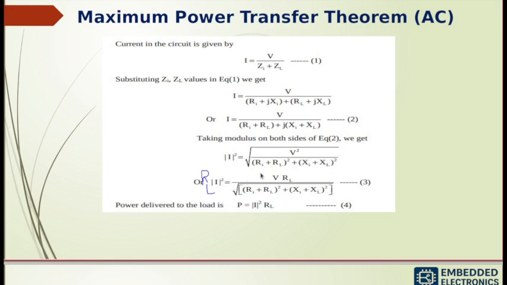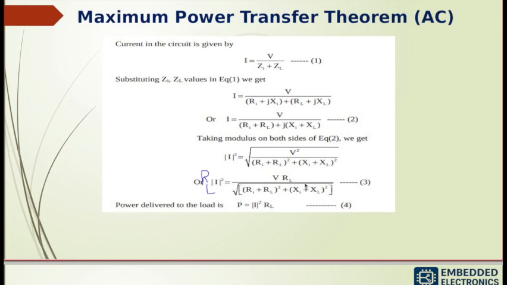For the square root it will cancel, so we have (Ri plus RL) square.